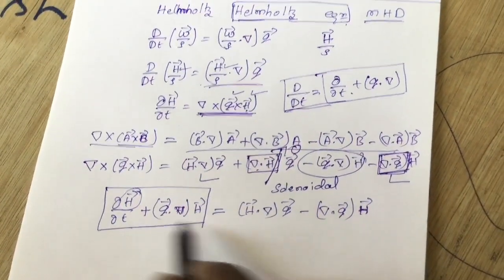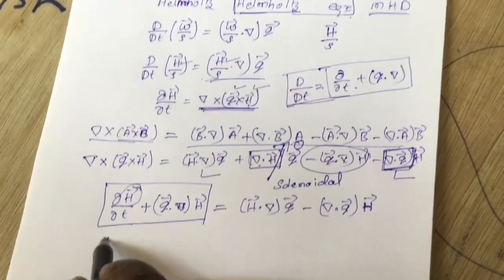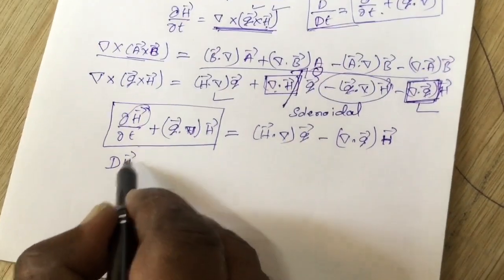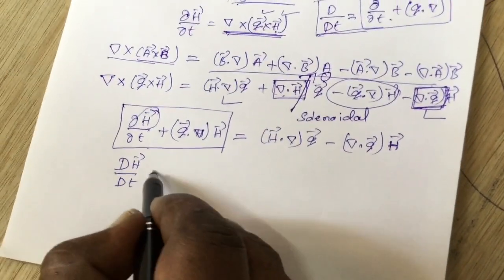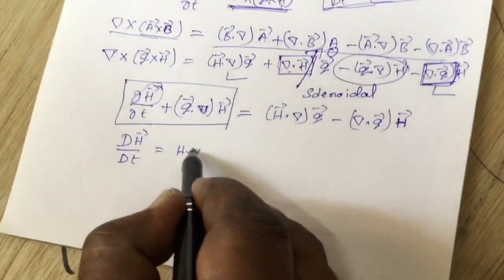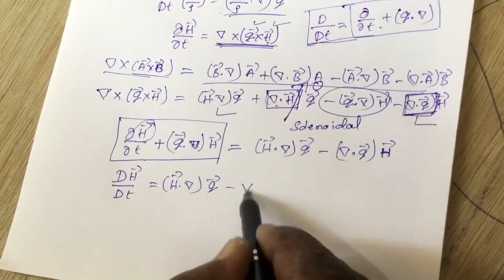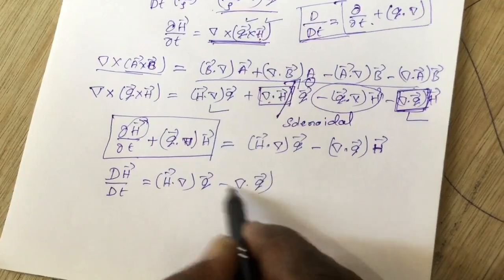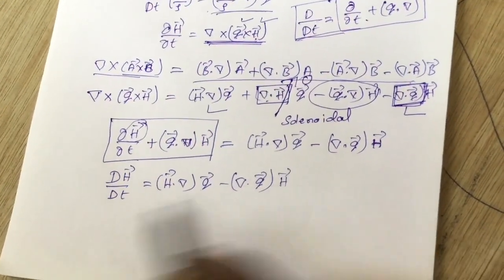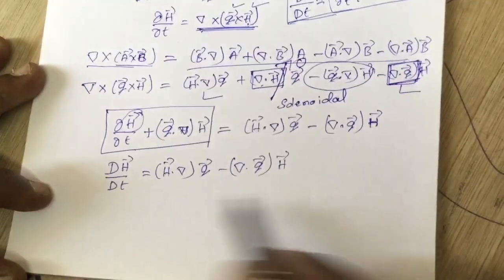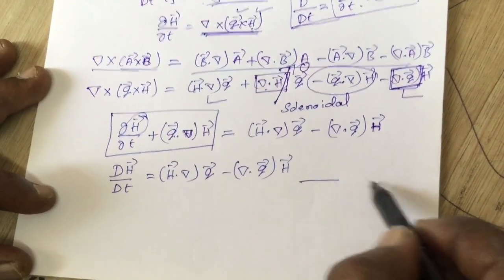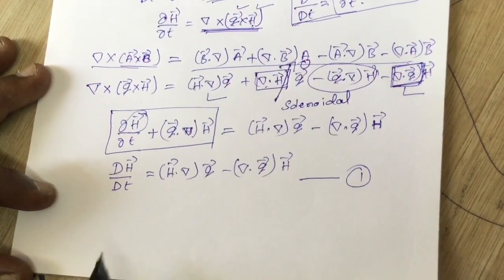That's why these two terms combined you can write as dH by dt is equal to H dot del of Q minus del dot Q of H. Call this equation 1, 2, 3, anything.